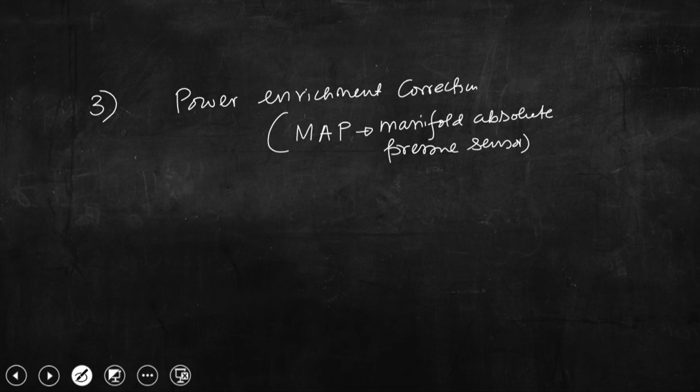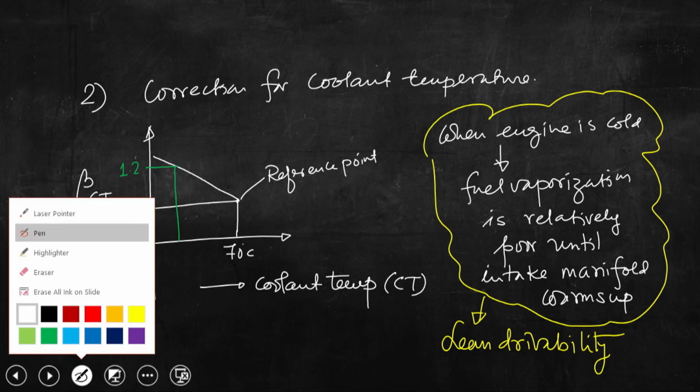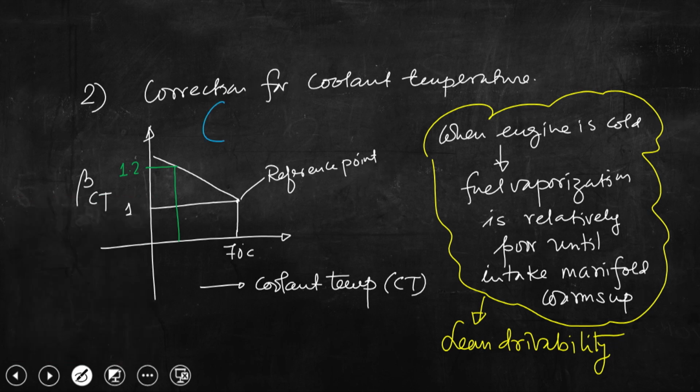Let me go back to the previous two slides. Correction for coolant temperature, if we write here, so for this correction the ECU is dependent on or reliant on the engine coolant temperature sensor.